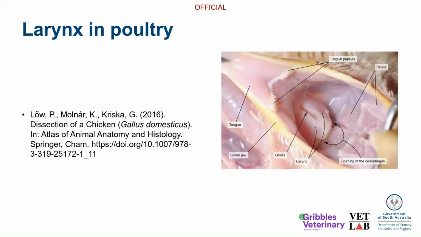Just to reinforce here, it's best, if practical, to undertake a tracheal swab. Some guides will say an oropharyngeal swab is adequate. Studies have shown that the highest numbers of virus particles are actually found within the trachea itself. So in the live adult poultry bird, it really isn't a problem.